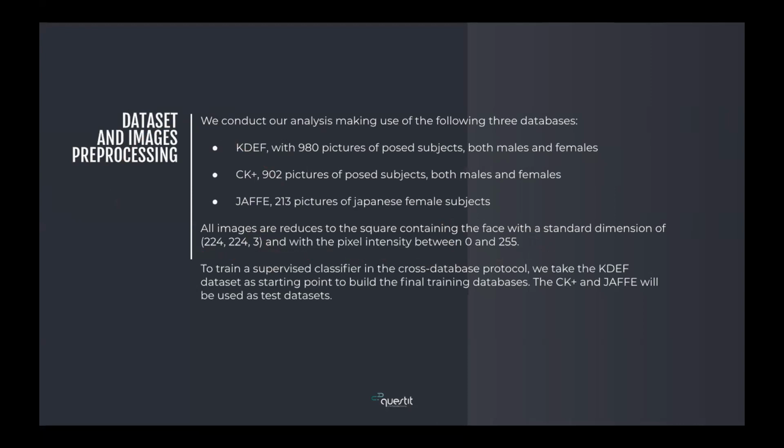To train a supervised classifier in the cross-database protocol, we take the KDF dataset as a starting point in order to make the data augmentation. And then we use the CK Plus and Jaffe as test datasets.